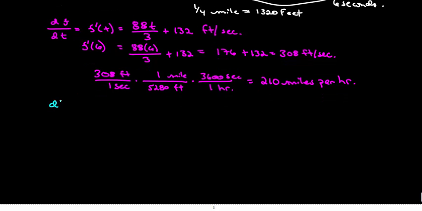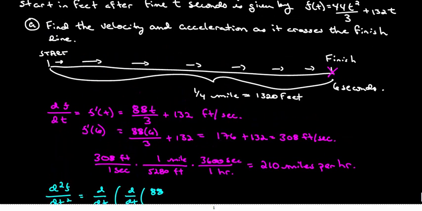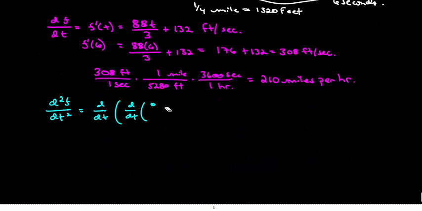So the acceleration is d squared f over dt squared. So we have to take the derivative of f prime. So basically I'm going to take the derivative with respect to t of the derivative with respect to t of the original function, which was, oh excuse me, it wasn't 88, it was 44t squared over 3 plus 132t.